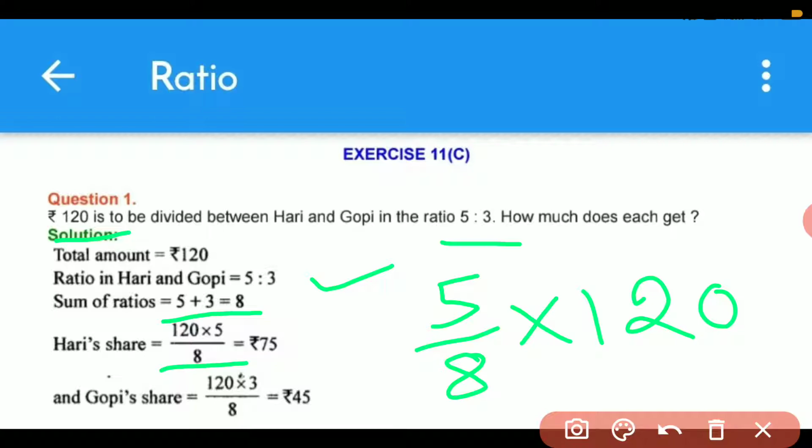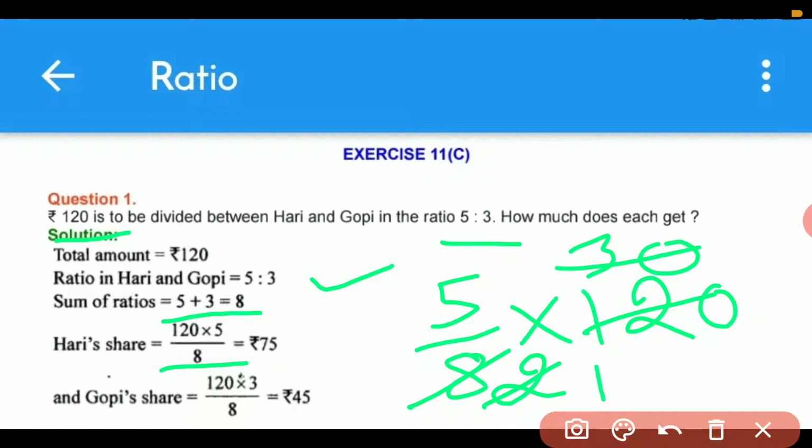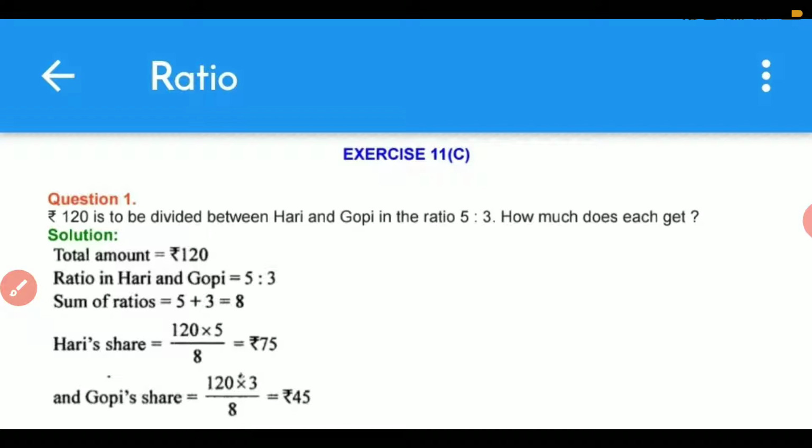I think this can be cancelled by 4: 4 2s are 8 and 4 3s are 12, and 0. So 2 goes 1 time and 2 goes 15 times. If I multiply, I'll get 5 into 15 as 75. That is Hari's share.